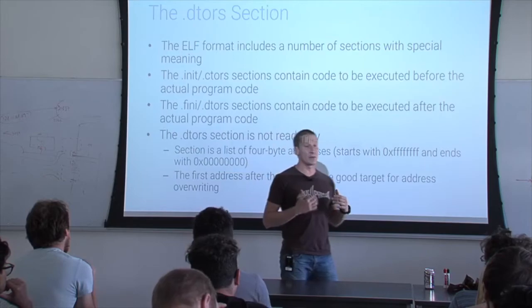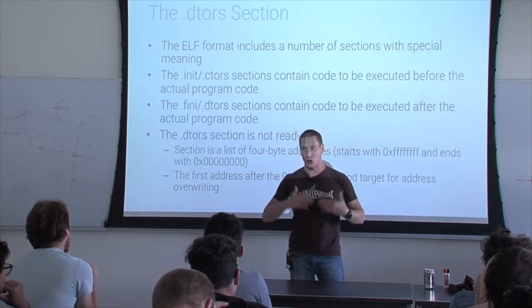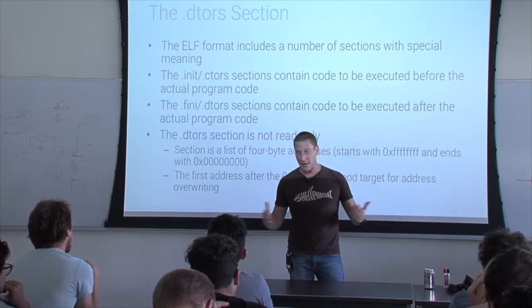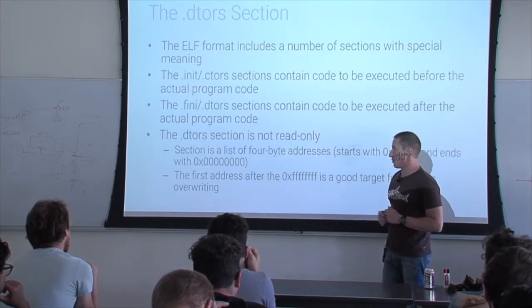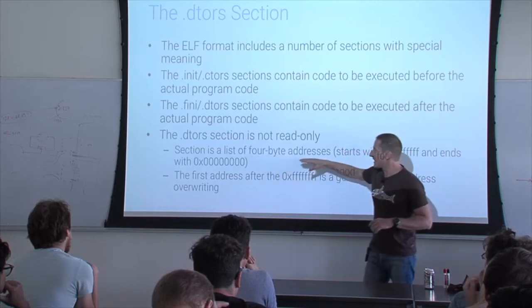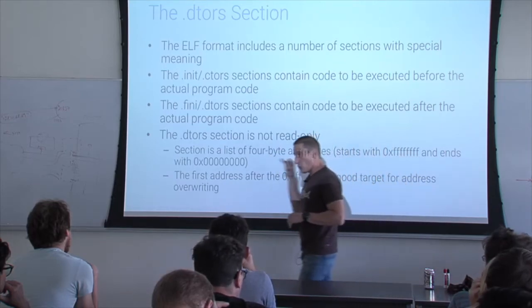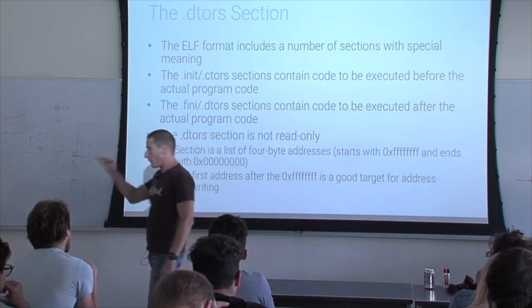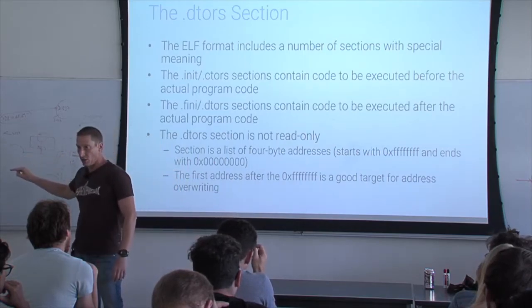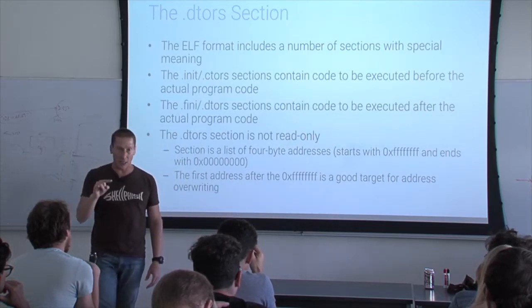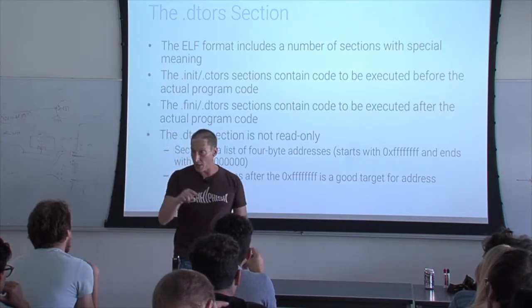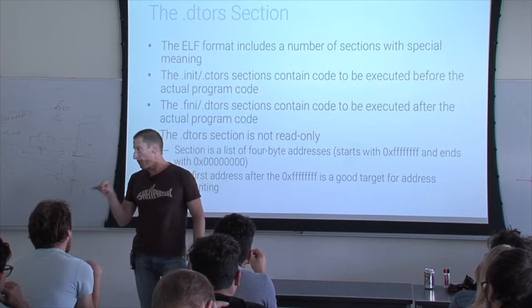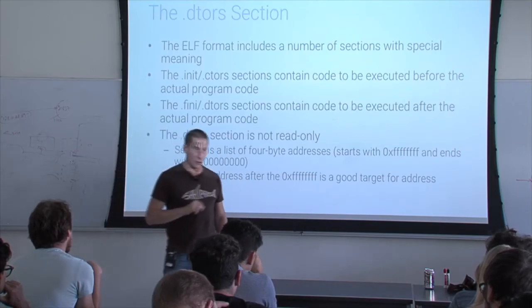Depending on which particular set of compilation flags you have used, it might not be read-only, might be writable. The section is a list of 4-byte addresses where you will jump to each of those after having exited. So if you're able to modify the dtors section and put a pointer to your code, that's another area of your binary where you can perform an overwrite.